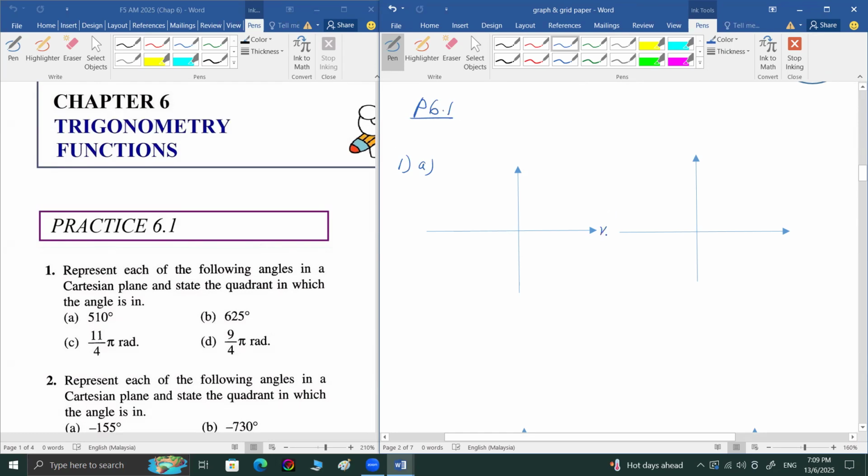So same, your x-axis, y-axis is a must for you to label. So now you see 510. 510, okay, first of all, one round, you know that is 360, right?